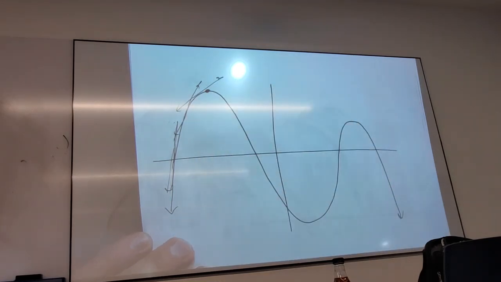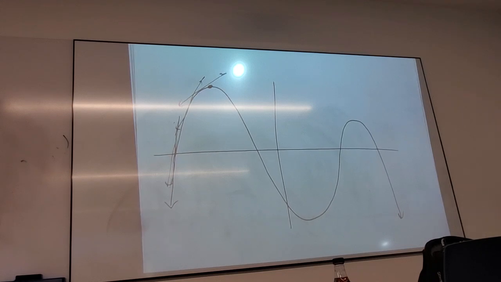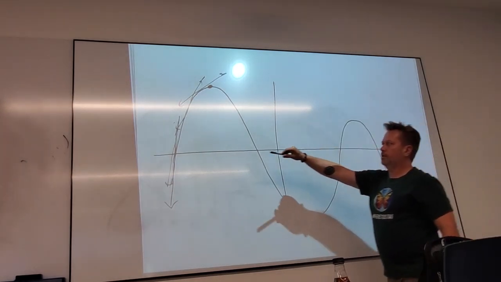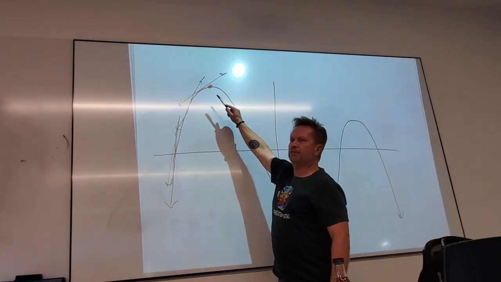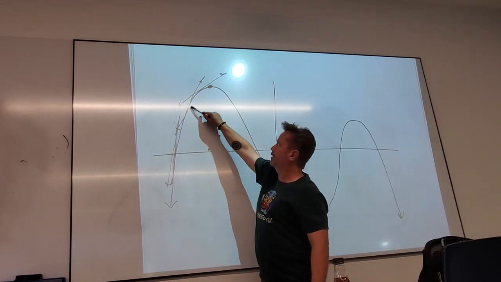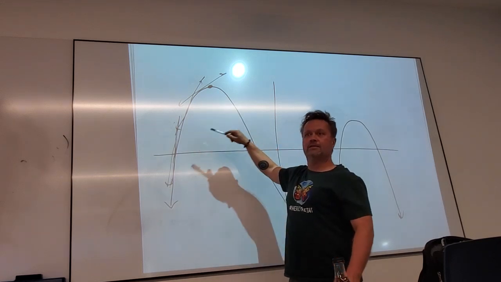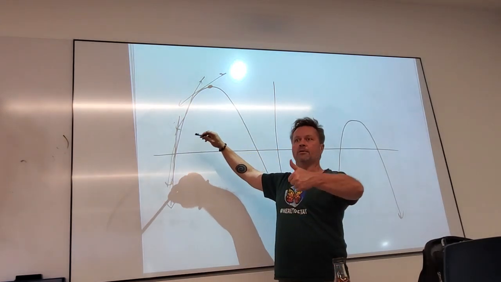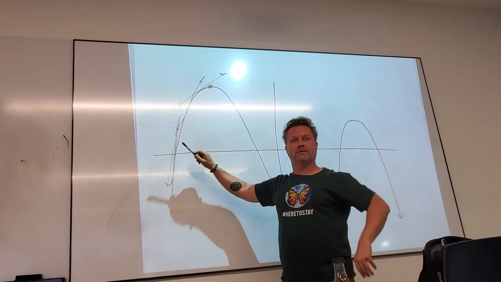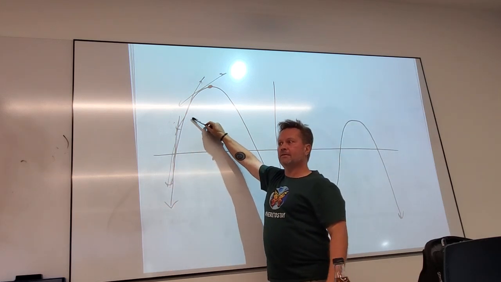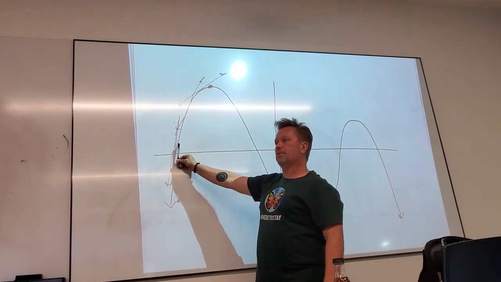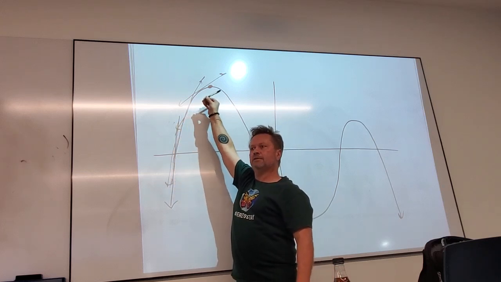Is it going up as steeply? No. So can anyone tell me the rate of change of the slope, is it positive or negative as I move around here? Is it increasing or is it decreasing? It's decreasing. Isn't the rate at which it's going up decreasing over time?